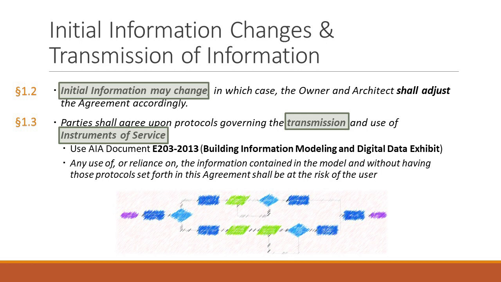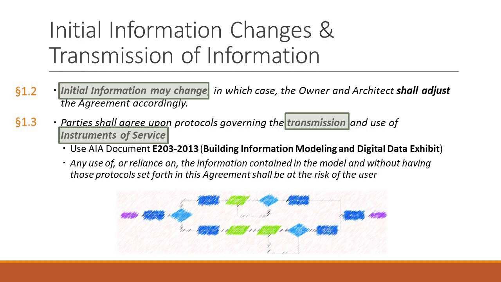What happens if someone else is able to access that data and change it? So this section 1.3 is about creating the rules for the parties for transmitting and transferring this data, the instruments of service, back and forth between owner, contractor, architect, subconsultants, subcontractors, owner's reps, a whole host of people.